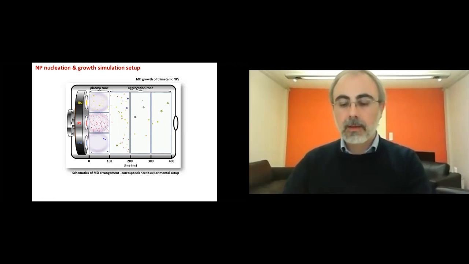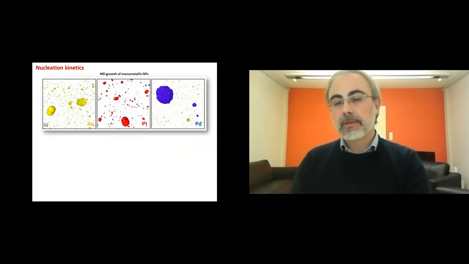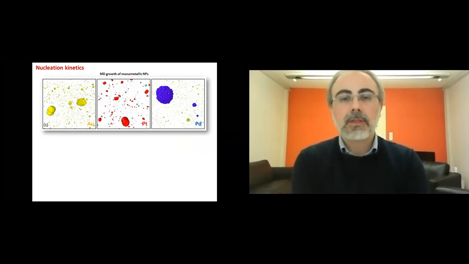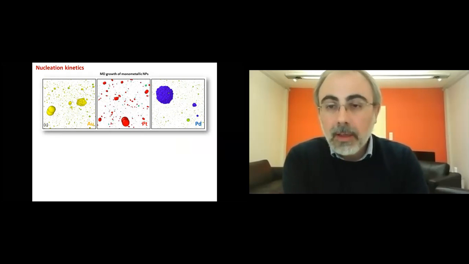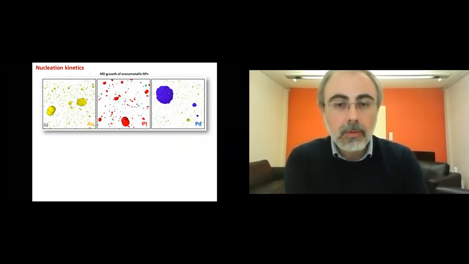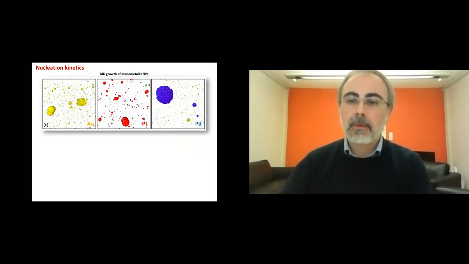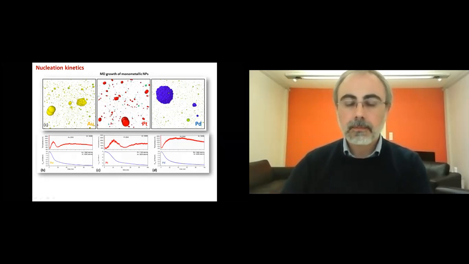We checked the evolution of the system, and we found something extremely interesting. These are visualization images of the simulations after 100 nanoseconds of growth. And as you can see, these are the diagnostics, the temperature and the potential energy of the sputtered atom.